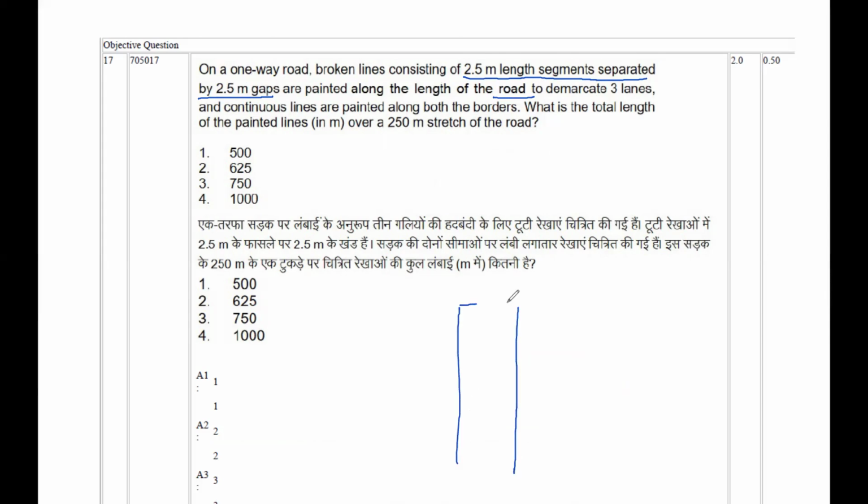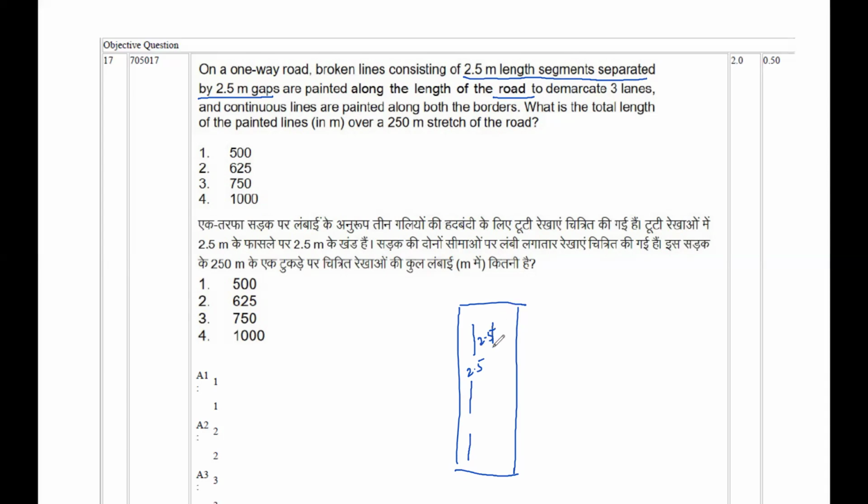This is my one-way road. These are the broken lines, which are 2.5 meters in length, separated by a 2.5 meter gap.